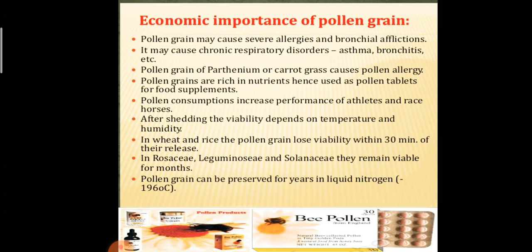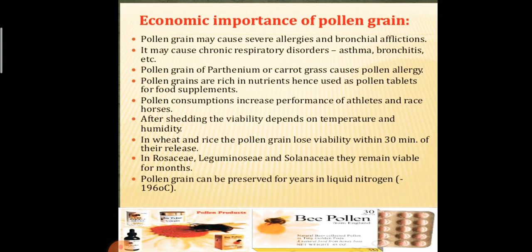But pollen grains are also rich in nutrients, and because of that they are used to produce pollen tablets. Here you can observe pollen tablets in a diagrammatic representation, which are useful to increase stamina, and are commonly given to athletes or race horses.